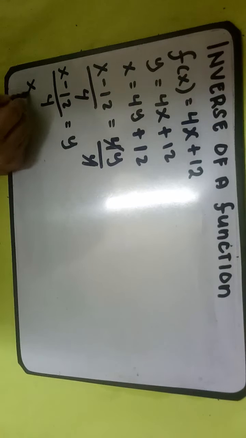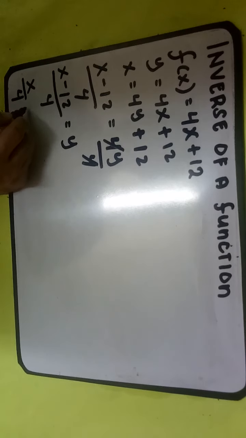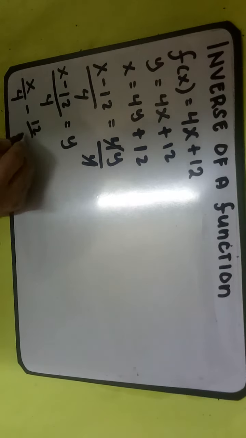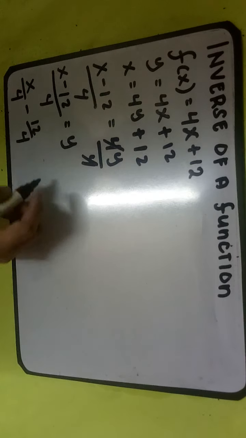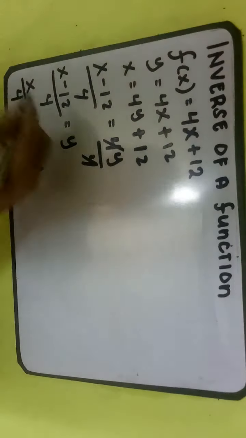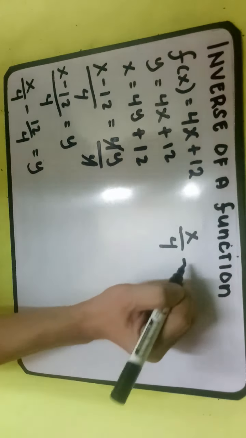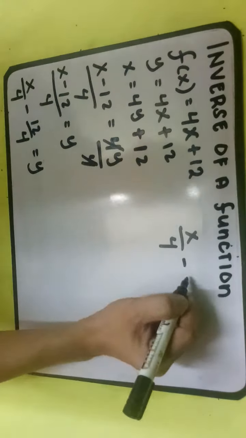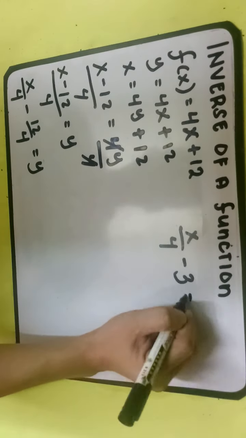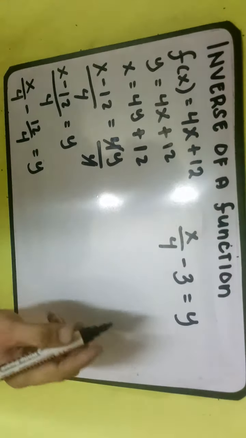So, pwede nating i-write to as x over 4 minus 12 over 4. Or we can equals y. So, if we simplify that, that is x over 4 minus 12 over 4 is 3. So, that is equal to y.